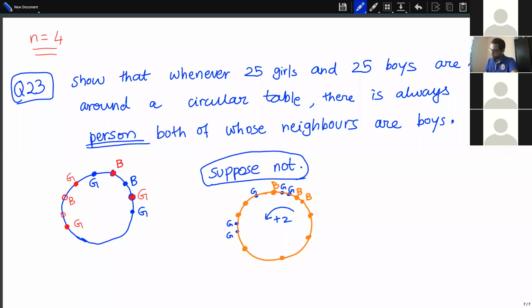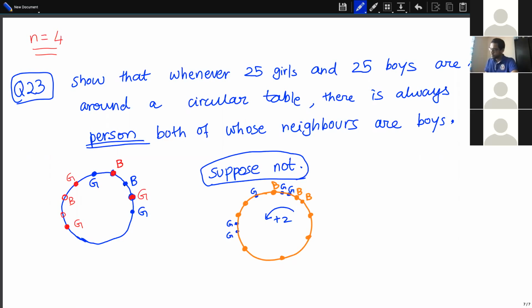If you shift 2, you will get a girl. If you shift 4, you will get a boy.